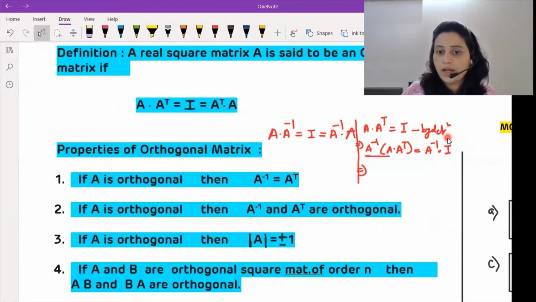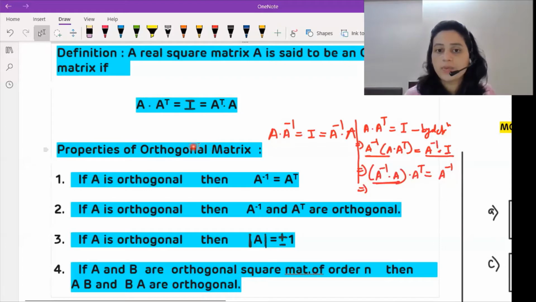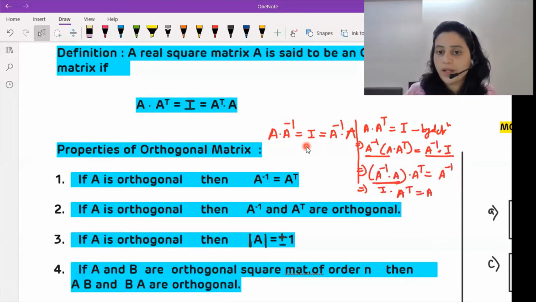Now I will take these two matrices together here, that is A inverse into A, and A transpose as it is, and A inverse into I is equal to A inverse. Now what is the bracketed quantity? By using this property, A into A inverse is equal to the identity matrix. So this is my identity matrix into A raised to T is equal to A inverse, and this gives me A transpose is equal to A inverse.